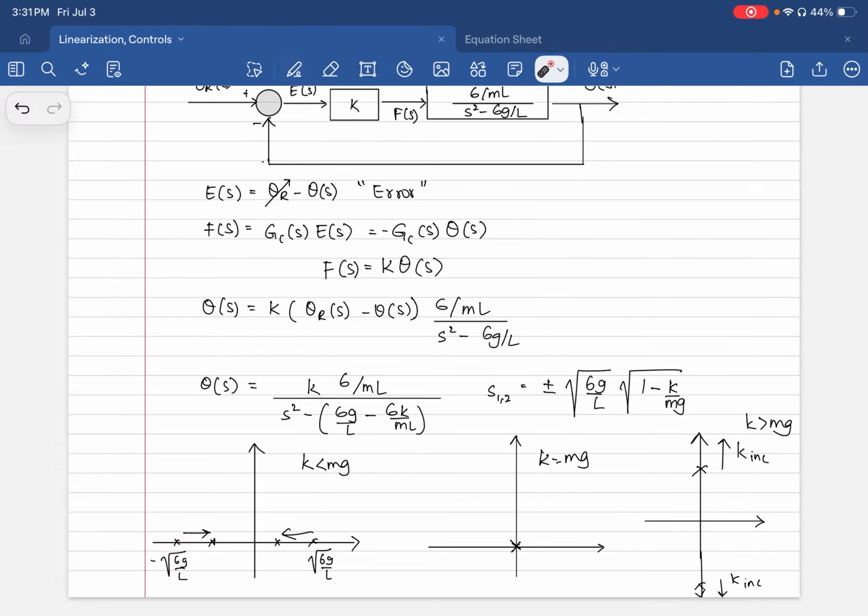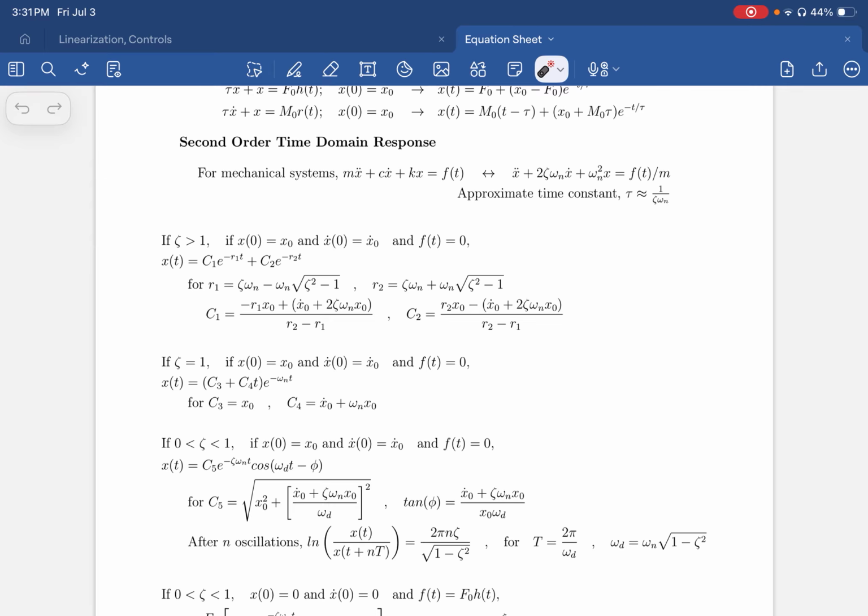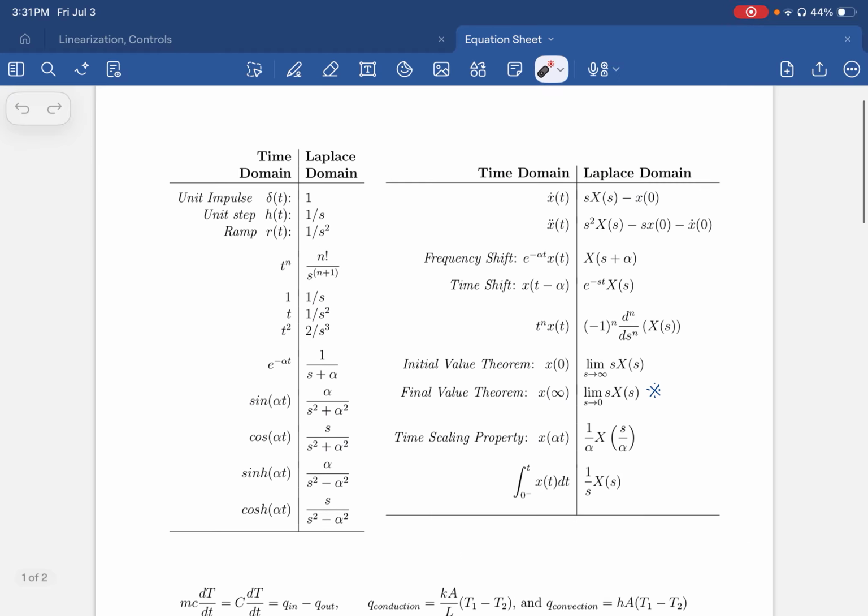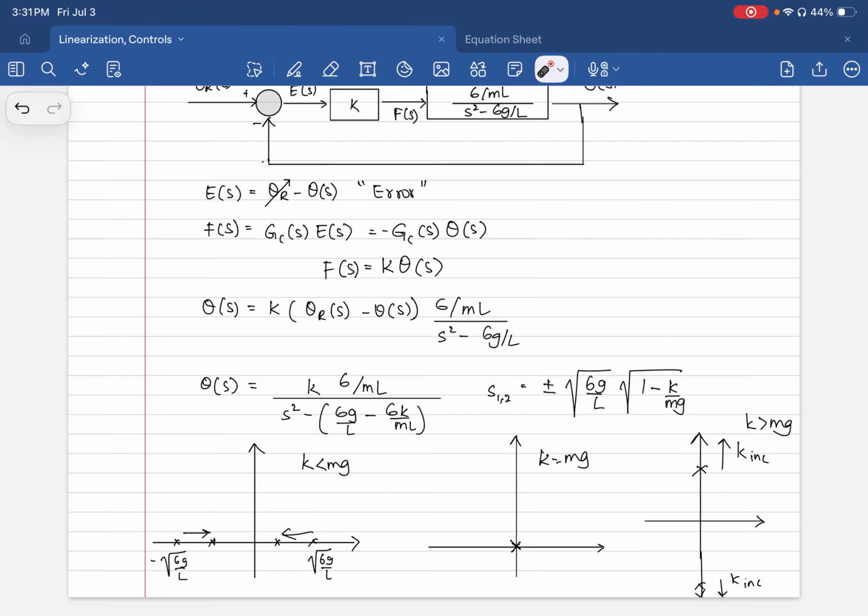So in both of these cases, your system becomes marginally stable. In this case, your system with a double pole at the origin would be 1 over s squared, so it's some t as the system response. In this case, it would be some oscillating behavior, so it will continue to oscillate.